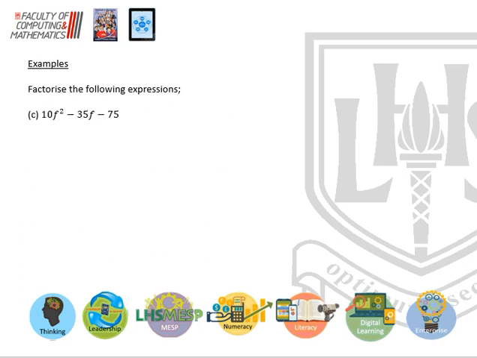Okay, last example, 10f squared minus 35f minus 75. Firstly, there's a factor of 5. That'll leave me 2f squared minus 7f minus 15. That 2f squared, the factors are 2f and f. The 15 will be 1 and 15 and 3 and 5. It's a negative, so we know that one of these has to be negative.